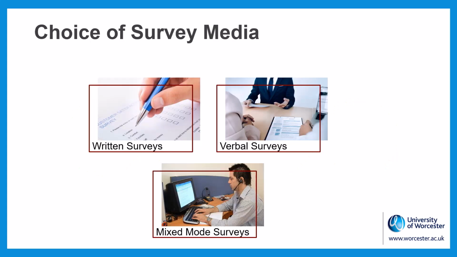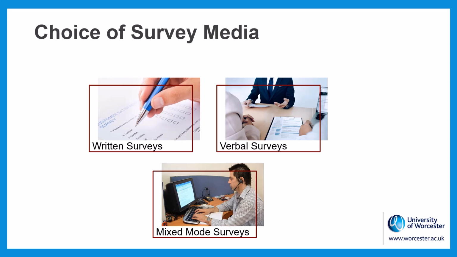The choice of survey media is determined by the resources that are available. Let's focus first on written surveys. Written surveys require minimum resources, like staff, time, and cost, and are best suited for confidential information. Minimal sampling error occurs due to the relatively low cost per survey.